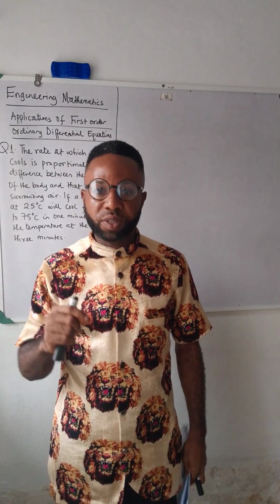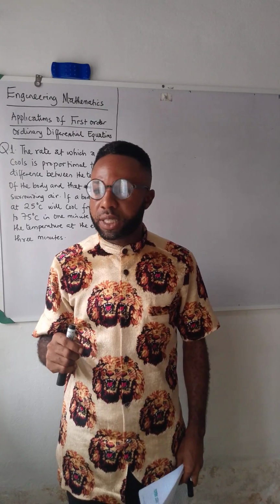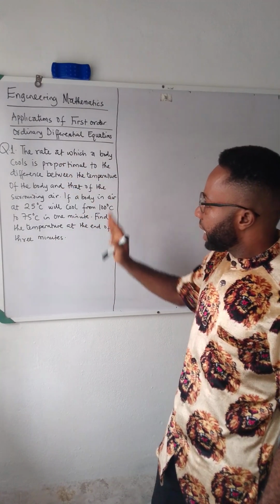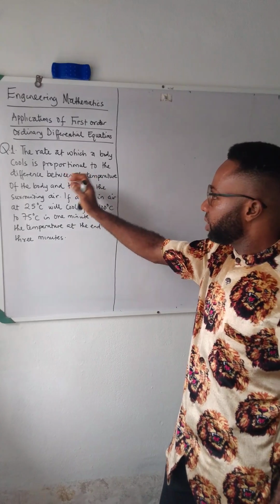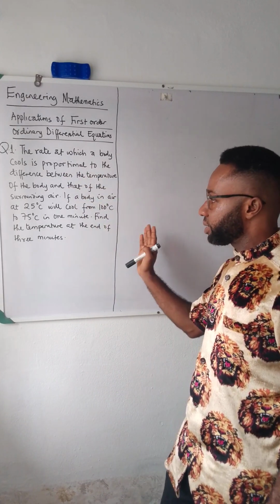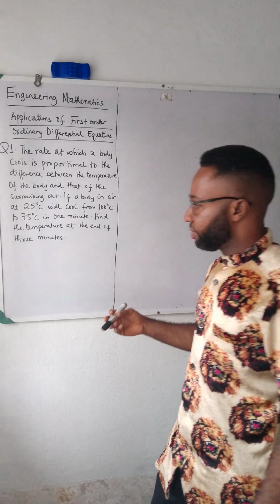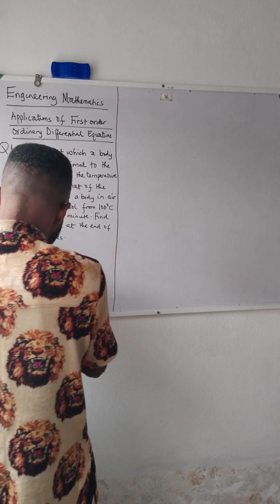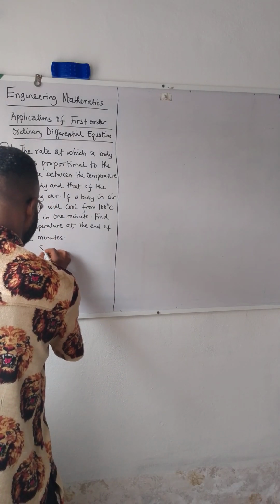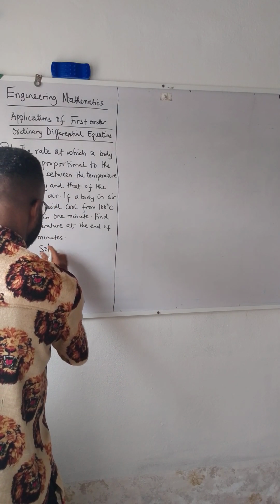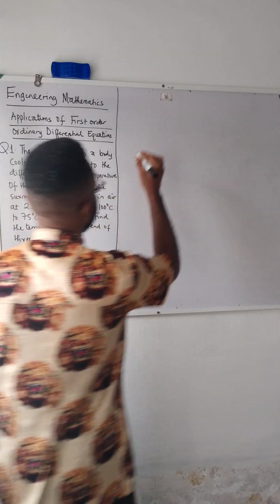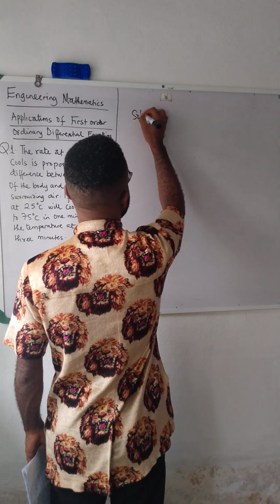So first we are going to establish a formula that will relate the temperature of the body that is cooling and that of the surrounding air, and then from there we can solve the question. So let's say solution. Let me take solution here.